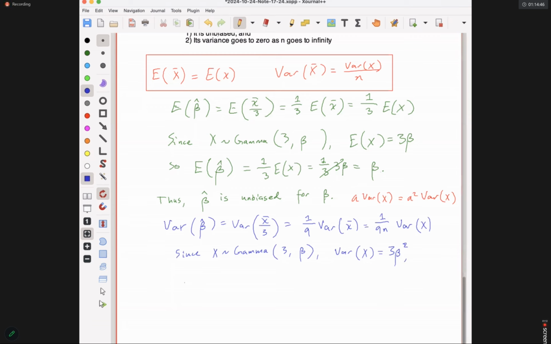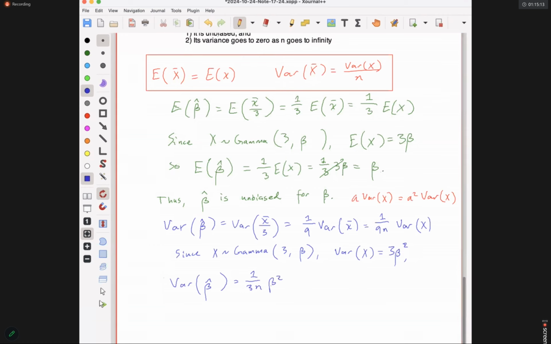And so the variance of beta hat is equal to 1/3, 1 over 3n beta squared.